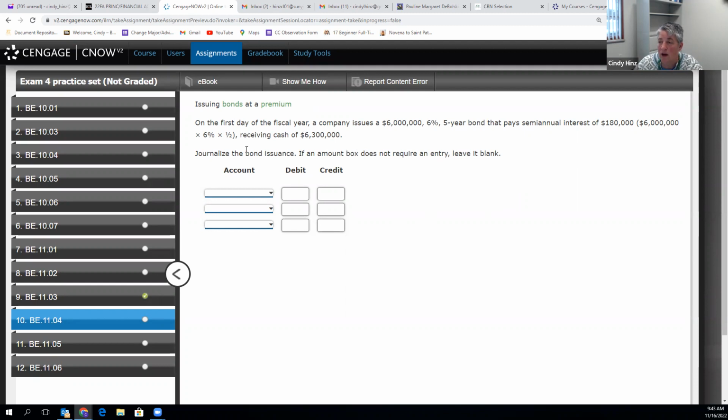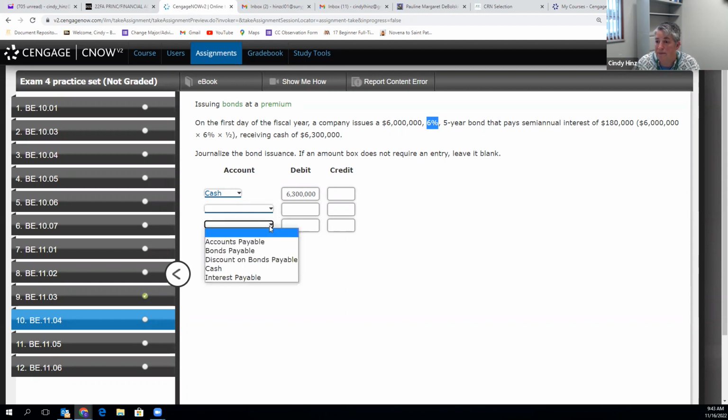Again, those formulas are in Brightspace in the reference materials folder. The face value was $6 million, but we received $6.3 million. So when we sold them, the bondholders were willing to pay us a bit more because our 6% interest made these bonds more attractive than other bonds of similar risk. And so we were able to capitalize on that to make a little bit of extra cash, if you will.